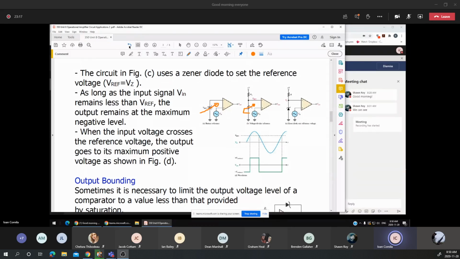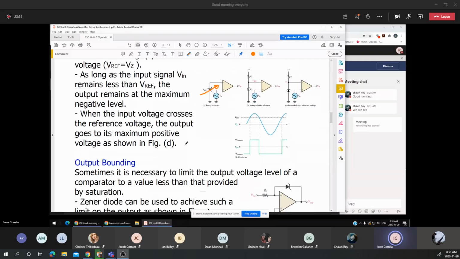I calculate or choose one of them, and I will calculate the resistance R2. That's a very practical and simple way to choose the reference voltage or to adjust it by simply changing or adjusting the resistance R1 or R2.